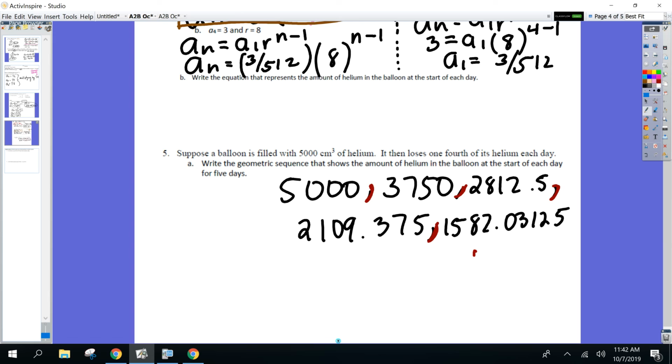And then you can go ahead and finish off class by doing part B. Write an equation for the nth term, an equation that represents the start of each day. N stays n. You know what the first term is, and hopefully you know what the R value is because you just multiplied by it in your calculator.